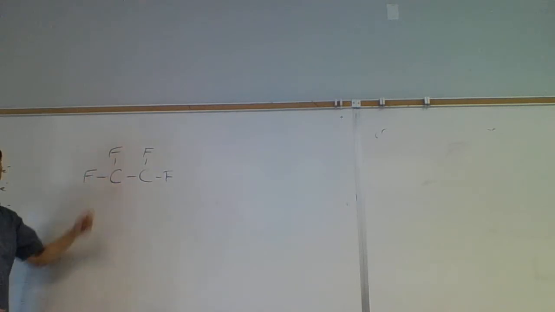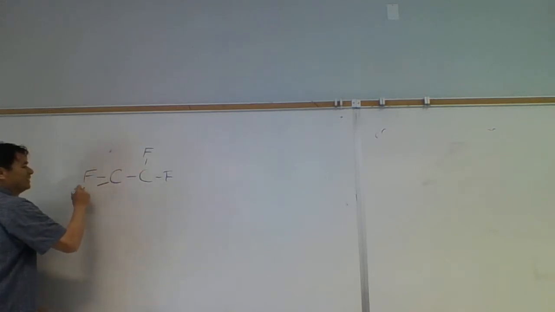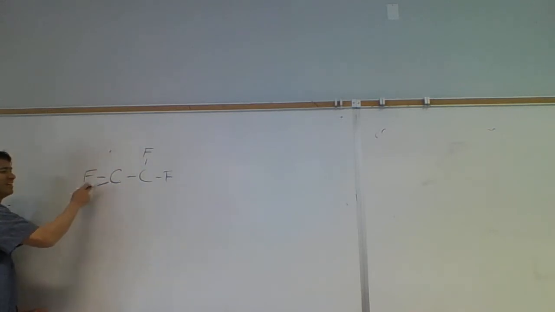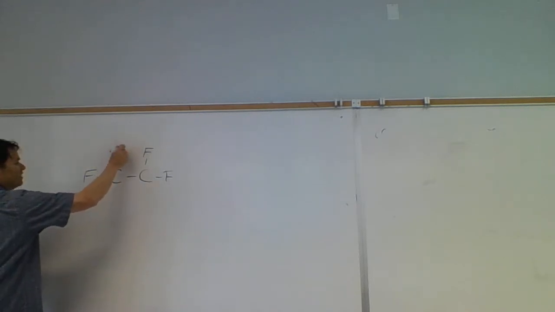But I can easily tweak that around. For example, now it looks like the FCF angle is 45. Less than 45, 35. It doesn't matter. So don't worry about the angles when you're coming up with the Lewis structure.